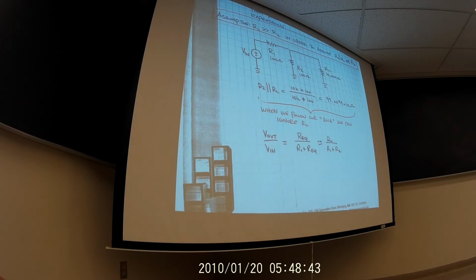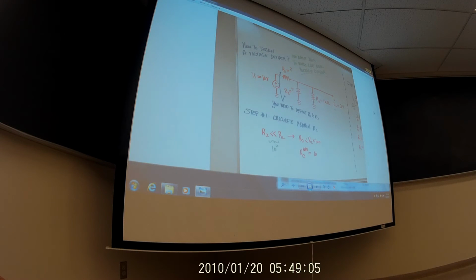So the next thing I have written in here is how to design a voltage divider. I'm just going to put this up on the screen and talk through it because I think we spent a lot of time going over this idea.